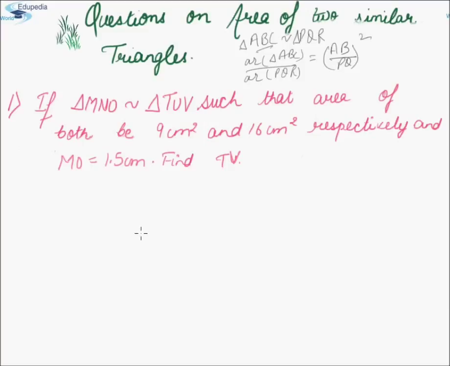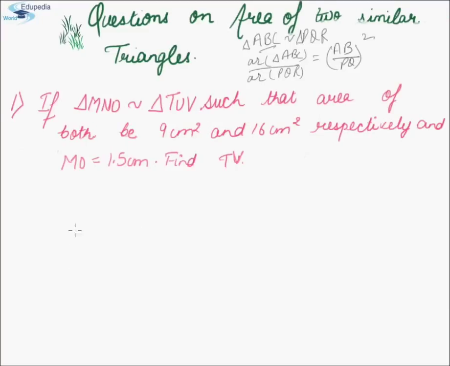Let us construct these triangles. Let us label these triangles as MNO and TUV.